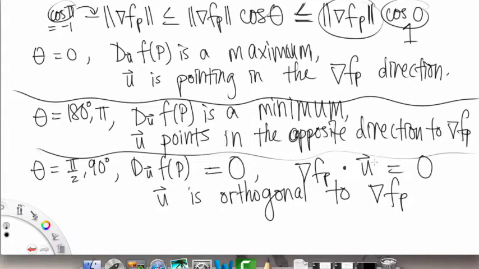So that's basically it. I'll just say the conclusions one more time in more of a physical sense, or a physical application, okay?